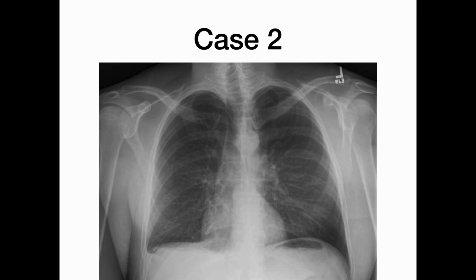So this is another case just to show a different injury pattern. This is a head-on collision, seat-belted man who's basically got a sore chest. So you decide, he looks stable, I'm going to do a chest x-ray and see if there's anything there. And that looks pretty normal, unfortunately, so you haven't really found an answer.